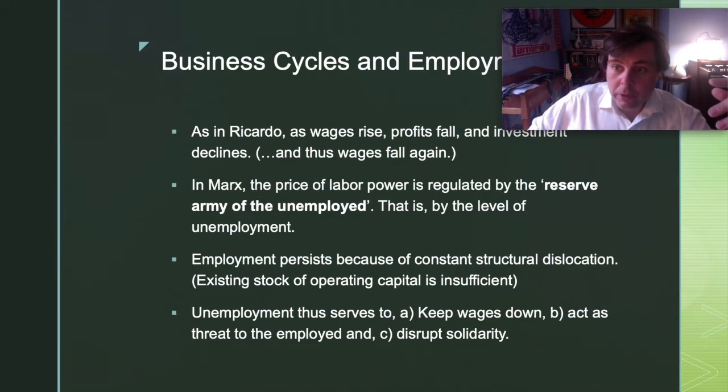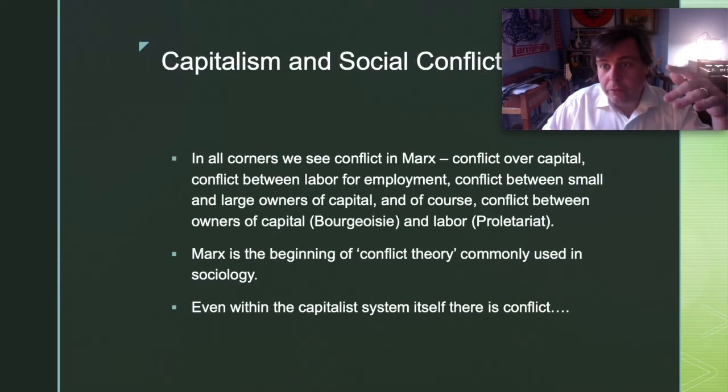So any tendency towards rising wages, towards full employment will result in economic slowdown, resulting in more unemployment. So there is very much in Marx a sort of equilibrium level of unemployment, but for different reasons than in Keynes.